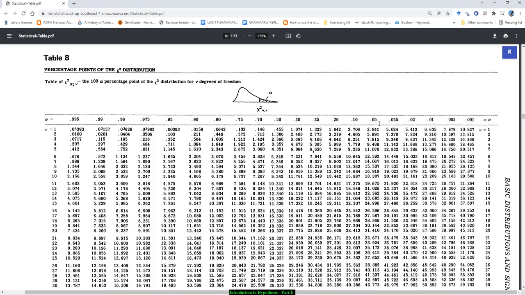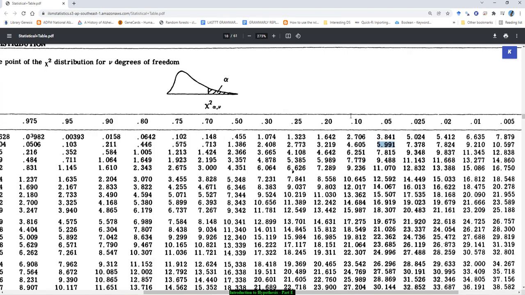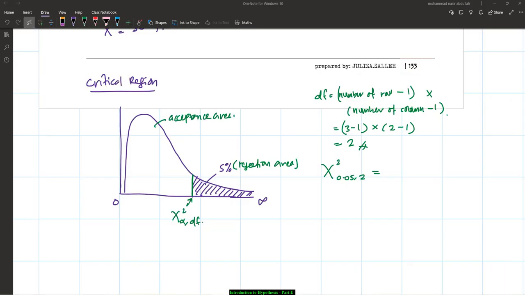So our alpha is 0.05 and degree of freedom is V, where V is equal to 2. So the value of chi-squared 0.05 with 2 degrees of freedom is 5.991. If you can see here, 5.991.